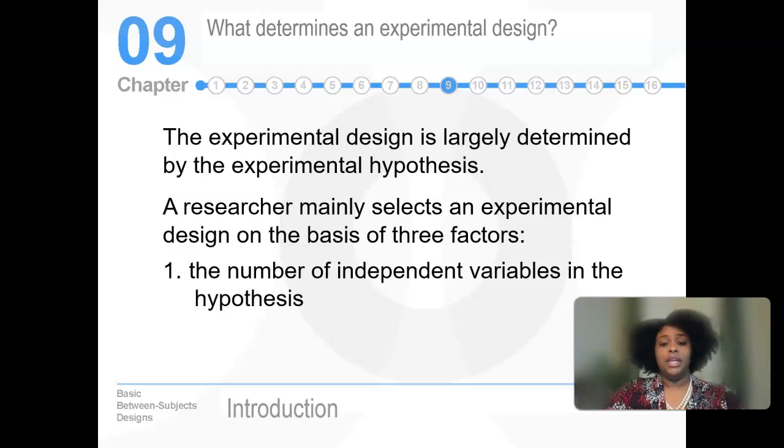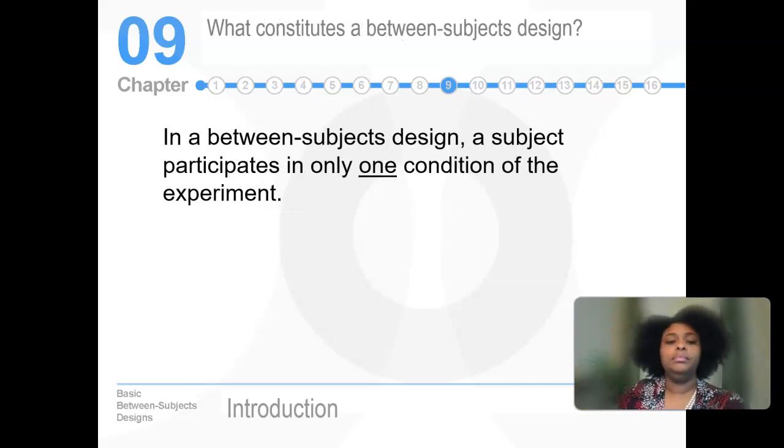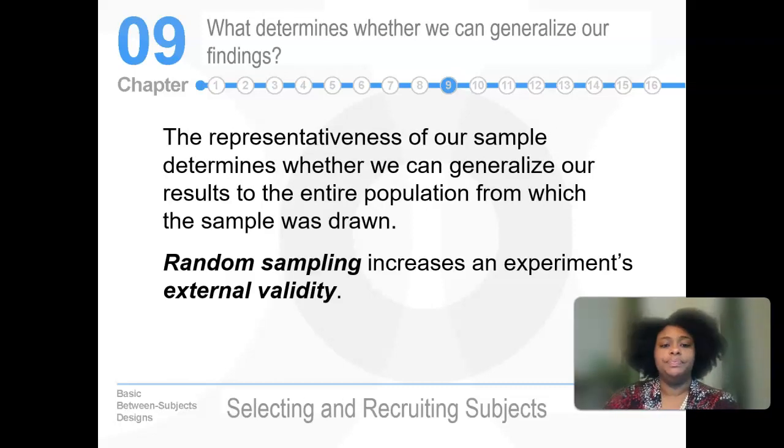Number one, the number of independent variables hypothesized within the research question; the number of treatment conditions needed to test the hypothesis accurately; and whether the same subjects are used in each treatment condition across the board. In between subject designs, the subject participates in only one of the conditions within the experiment.